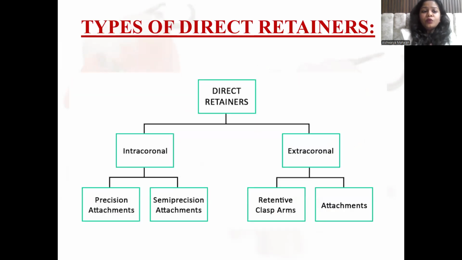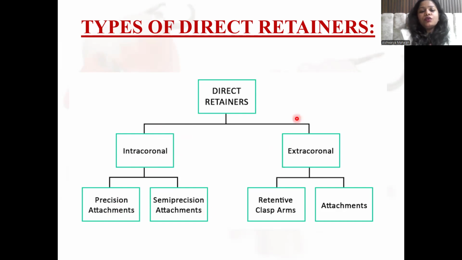Now moving on to the classification or the types of direct retainers that we have. First, it is classified as intracoronal and extracoronal retainers. The intracoronal retainers are fabricated within the confinement of the abutment tooth, and these can again be divided into precision and semi-precision attachments.